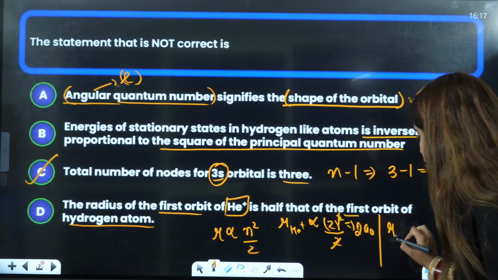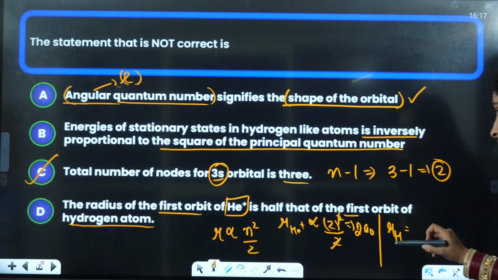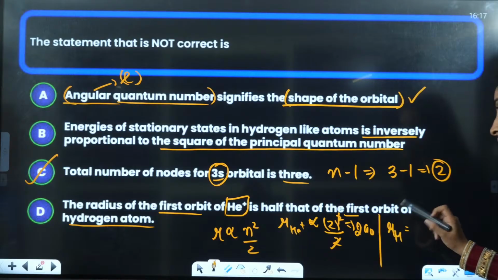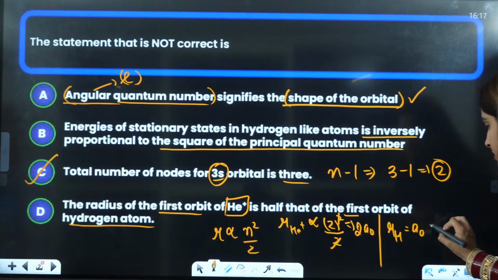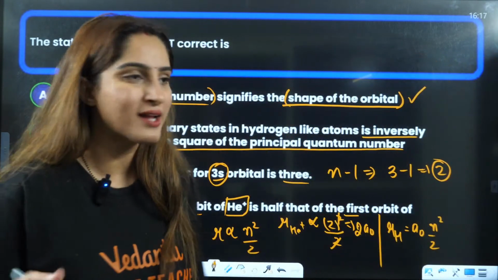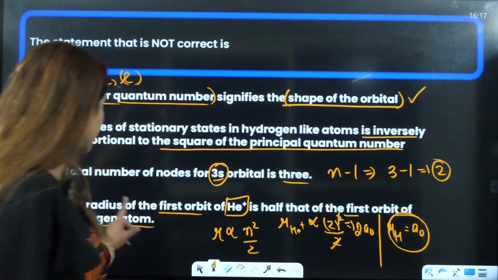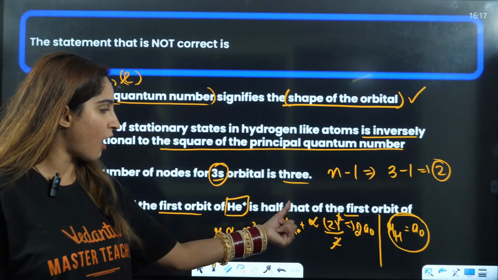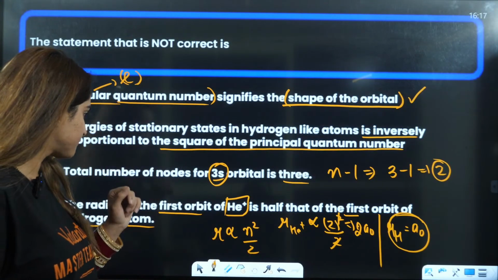For hydrogen, the first orbit means a naught times n square by Z. N for hydrogen is 1, Z is also 1, so that is a naught. So we can say that the radius of the first orbit of helium is half. Definitely that is coming out to be half here.